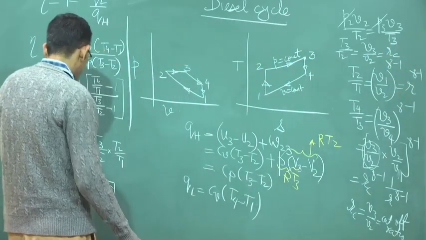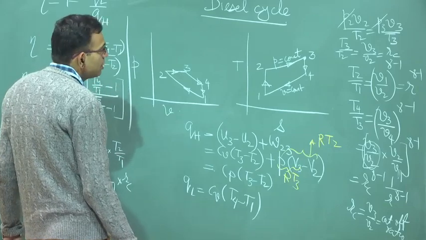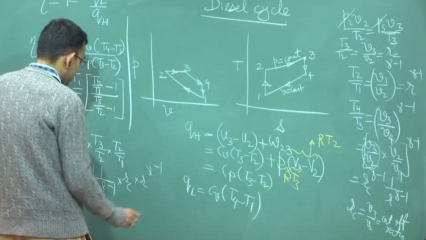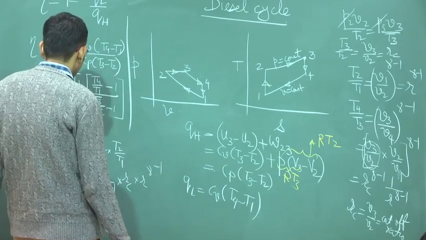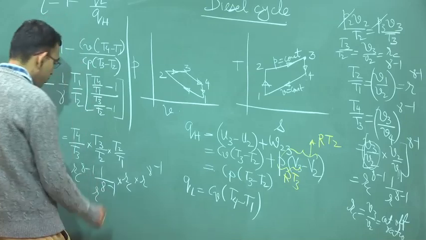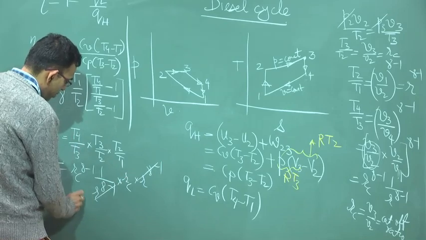So T3 by T2 is equal to RC, and T2 by T1 is R to the power gamma minus 1. So T4 by T1 becomes RC to the power gamma.